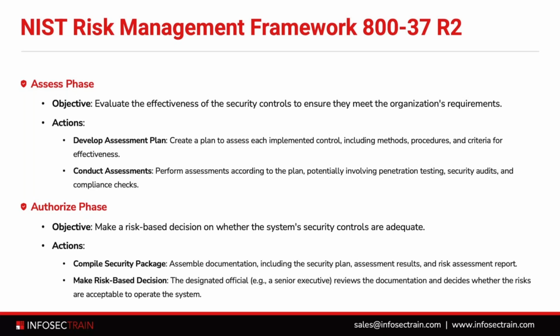Then in the authorization phase, once the controls are assessed, a risk-based decision needs to be made: how adequate these controls were. A security package, which consists of the security plans, the assessment results, and the risk assessment report from the assess phase, is submitted to the AO, the authorizing official, and we'll discuss this role in the upcoming slides, for their approval so that they can be put into use.